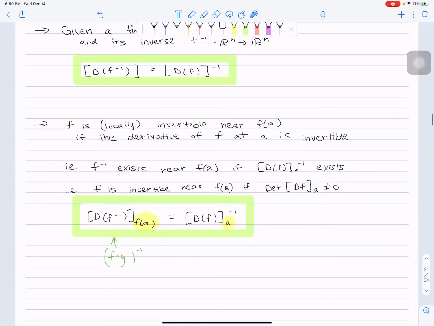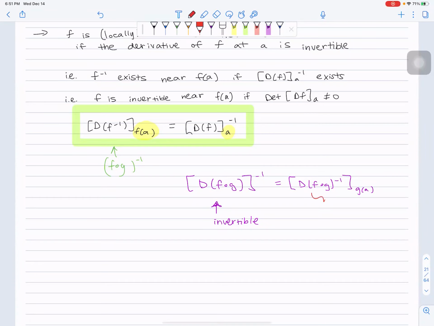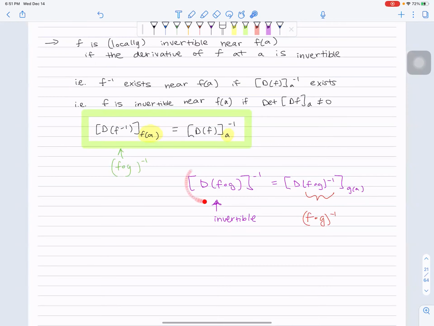So if, for example, we got that this was invertible, then the inverse function theorem would say that it's equal to d of f of g inverse, which would mean that we could have found this thing. So the original function would be invertible if this was invertible.